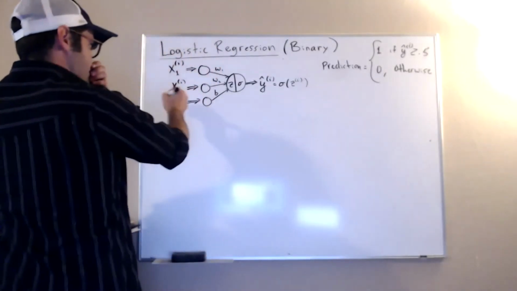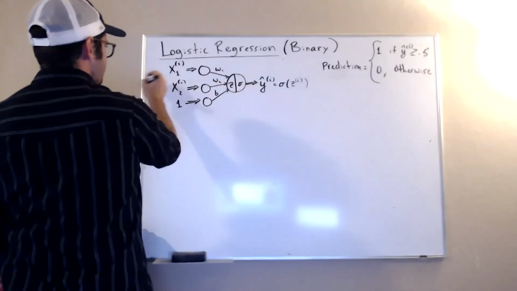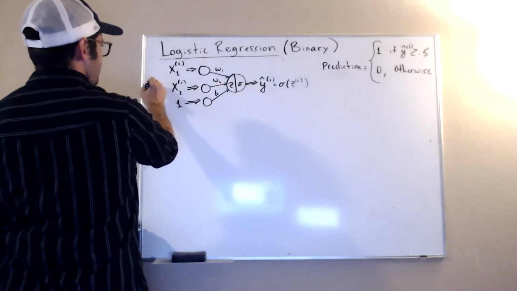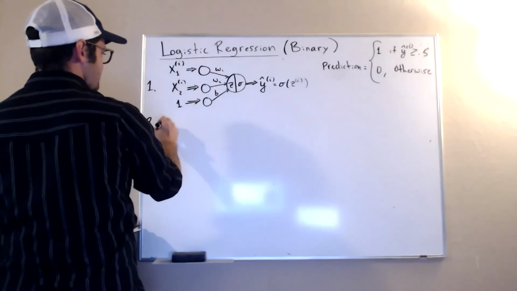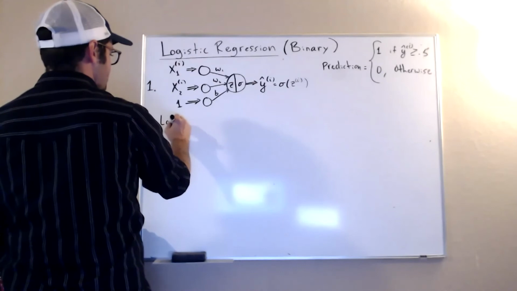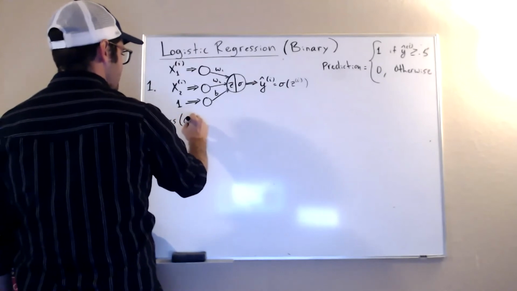Okay, so here is our feed-forward network, and this is like part one of our model. Part two of our model is our loss function. This is going to be cross entropy.